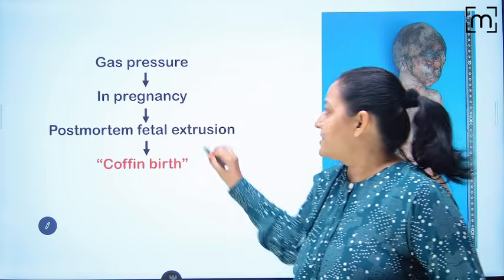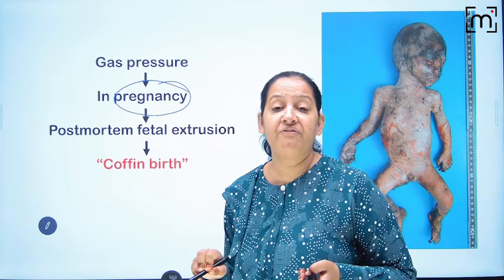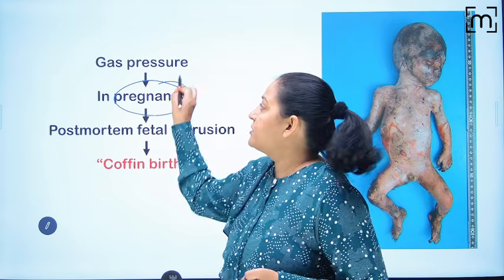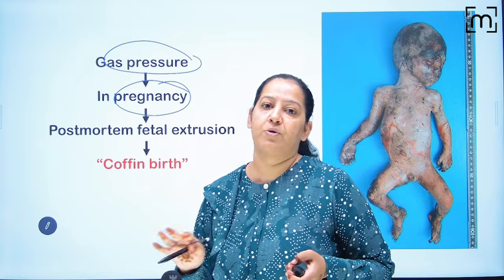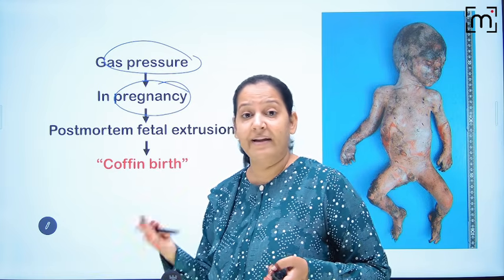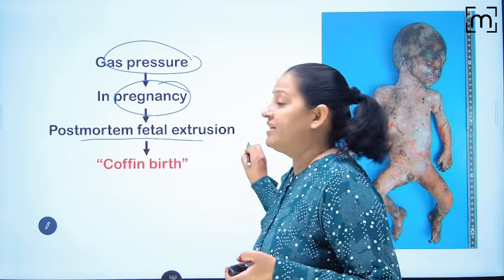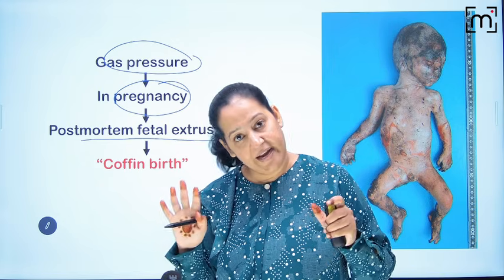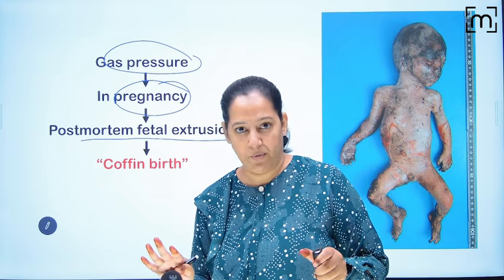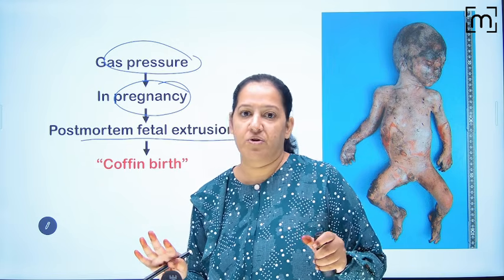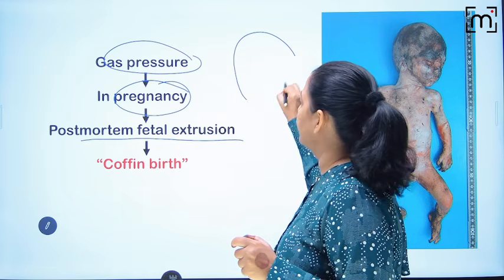One more thing. Suppose there is a pregnant lady who has a fetus in the uterus. Gas pressure can compress the uterus, and in a dead pregnant lady, postmortem fetal extrusion can occur. The lady is dead and has a fetus in her uterus.